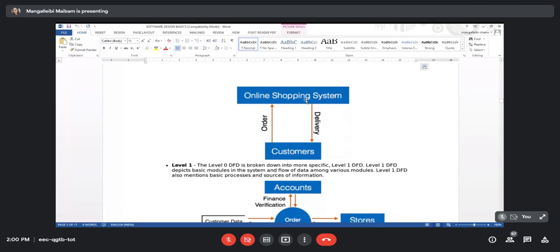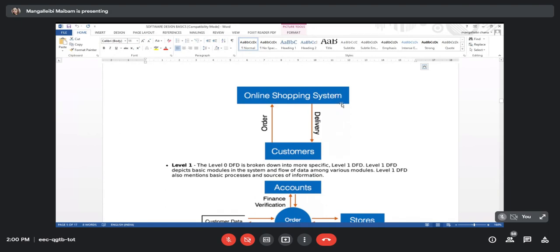So here in one diagram, we can understand the customer is ordering something through the online shopping system and the particular product which you have ordered is getting delivered to the customer. So this kind of representation is known as level 0 DFD diagram, data flow diagram.